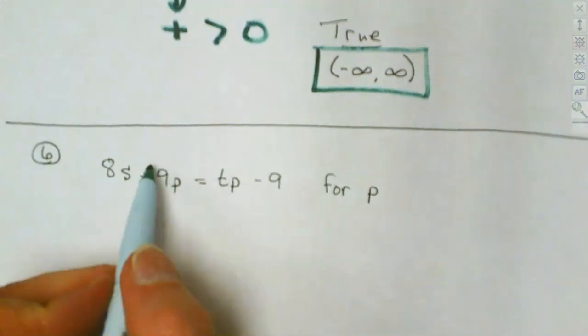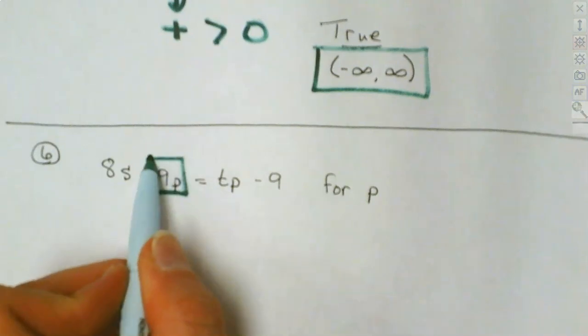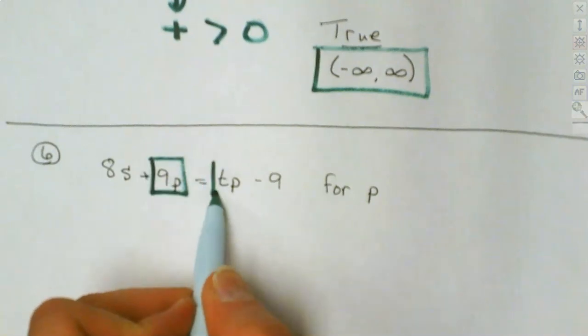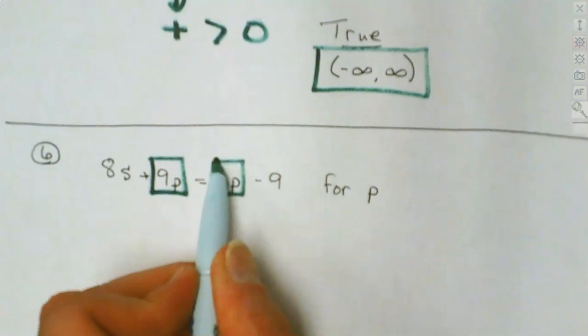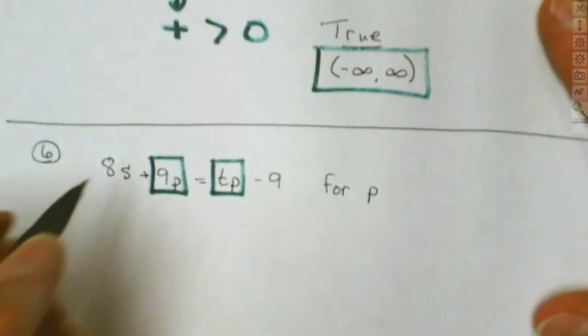It means we get that variable by itself on the left. Now, we are solving for the variable p. So my goal is to get those 2 green boxes that have the variable p on the left. And everything else must go to the right.